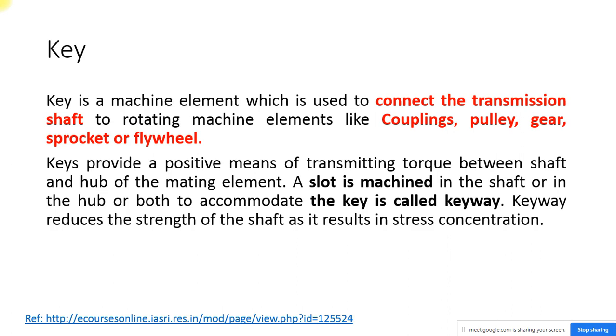The reason is proper sealing. There should not be any leakage in the connection, so in plumbing they use a Teflon tape. I cannot say it is similar work, but here the objective of the key is to make sure that the transmission shaft and the machine elements are connected so that the transmission happens from the shaft to the machine element.